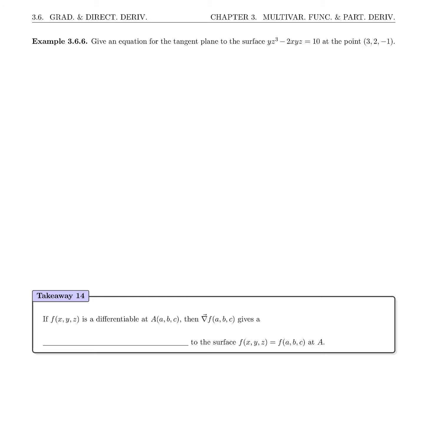So we're going to start this example by defining a function. We're going to let w be the function f of x, y, z equal to yz cubed minus 2xyz. You'll notice that this is the left-hand side of our equation.